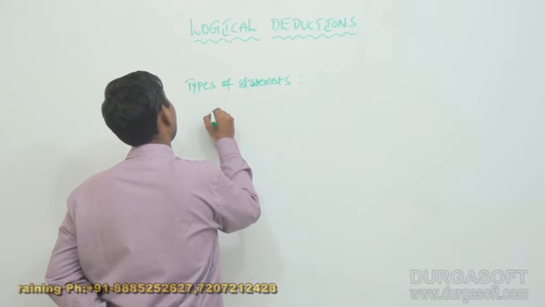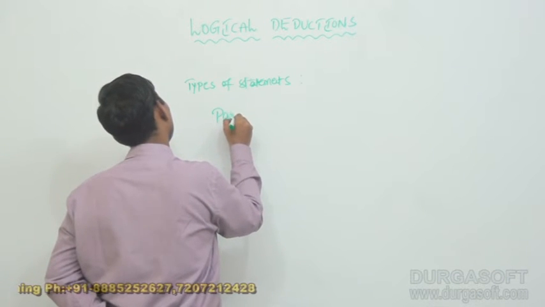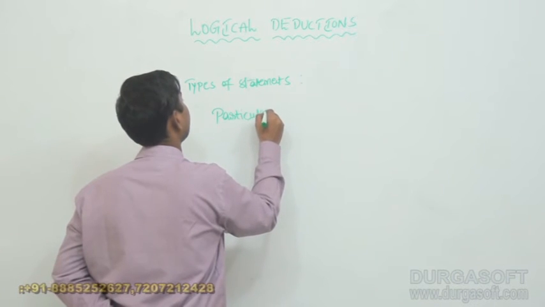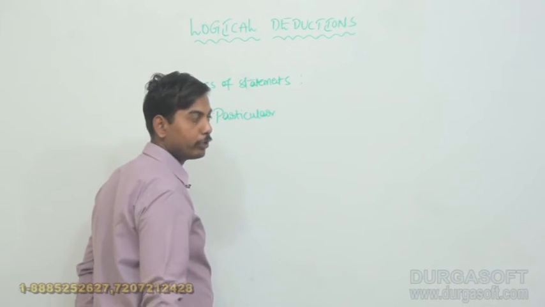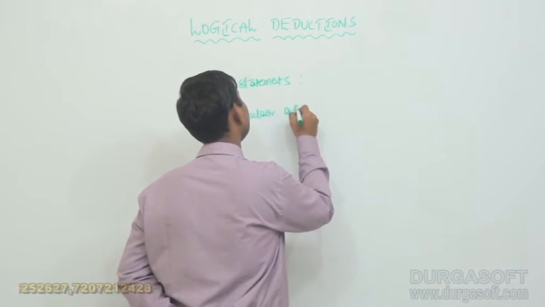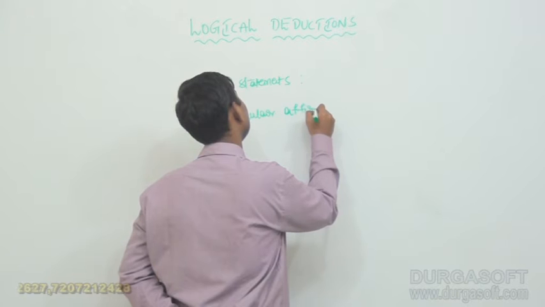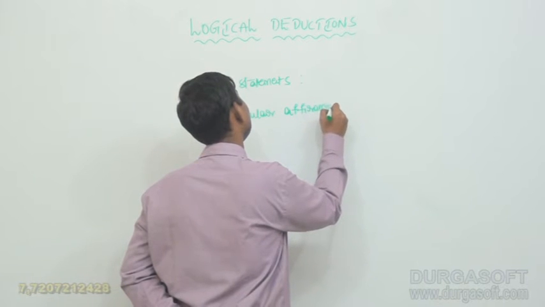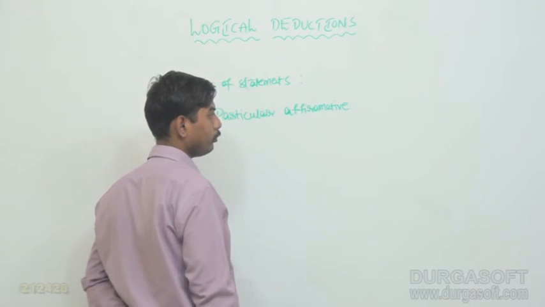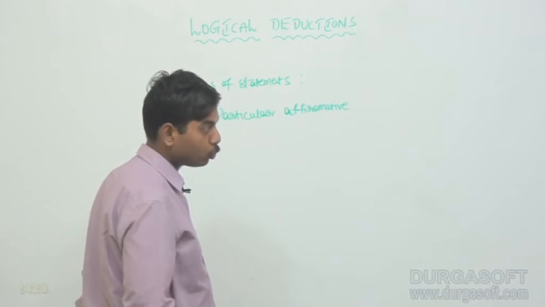The next one is particular affirmative. Particular affirmative means we are talking about only something, we are unable to talk about all the things in that nature. Particular affirmative means we are talking about particular positive.